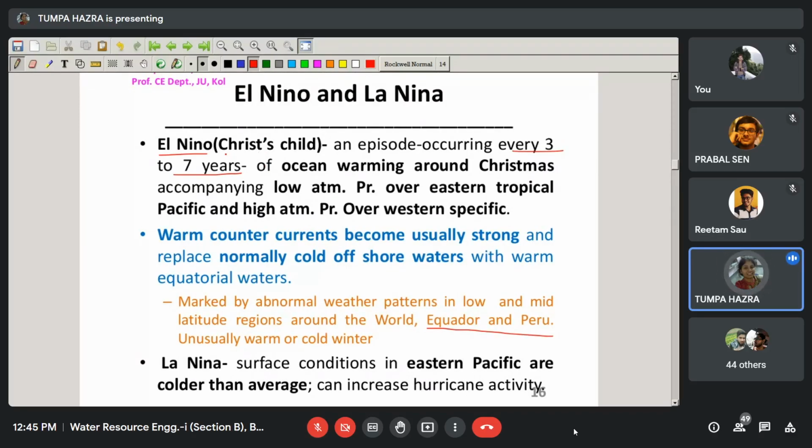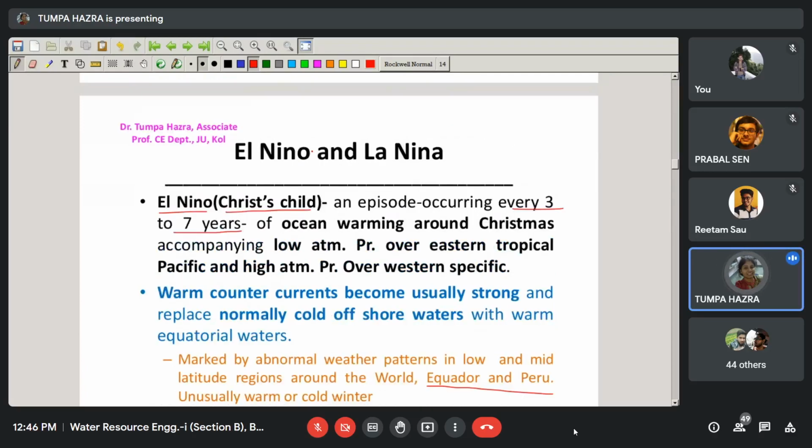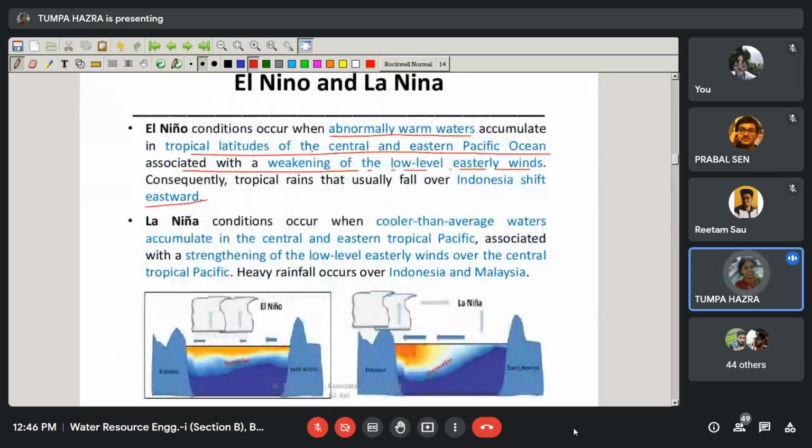The English meaning is Christ child. And the opposite of El Nino condition is La Nina condition.